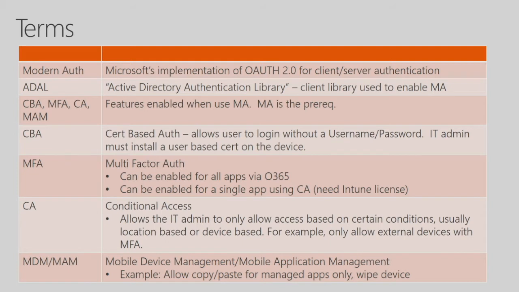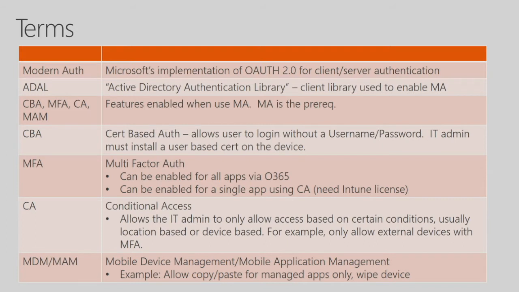About multi-factor authentication, there are two ways to turn it on in Office 365. One way is through the Office 365 admin portal and AAD. If you do it that way, you turn on MFA for that user for all of their apps: SharePoint, Exchange, SFB, all of them.